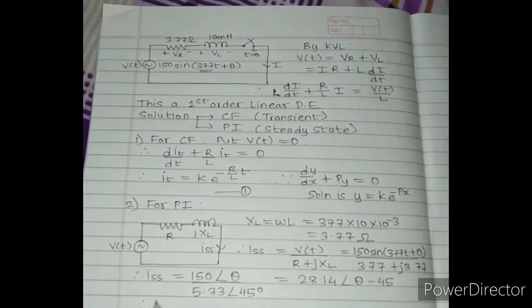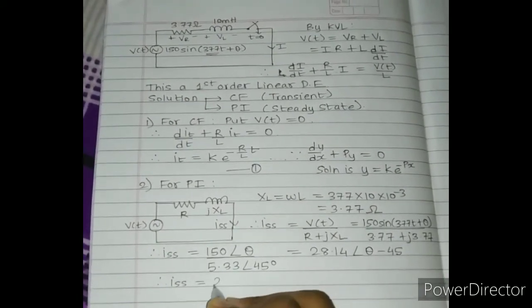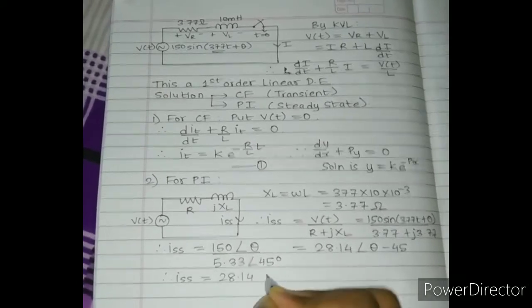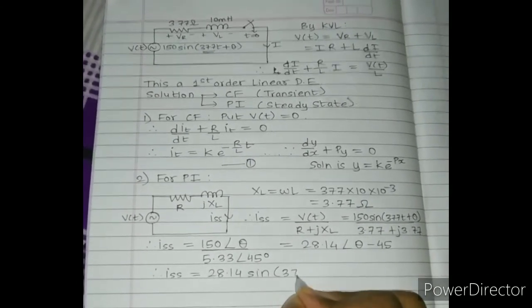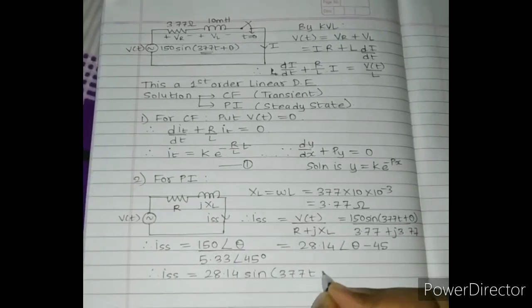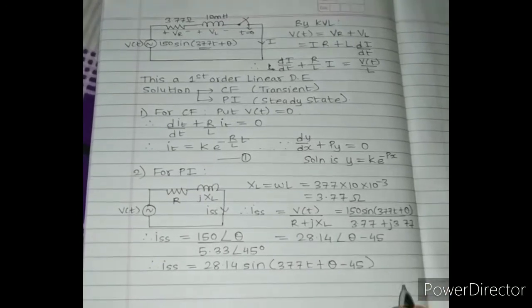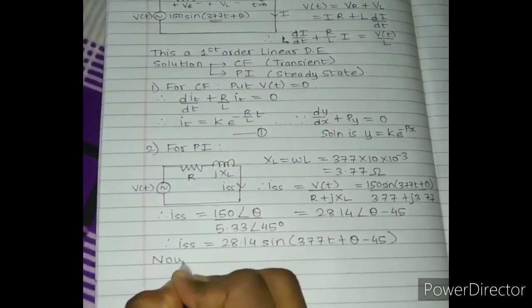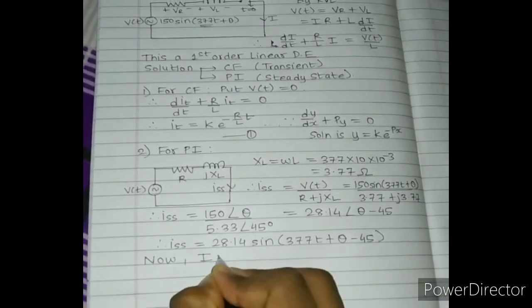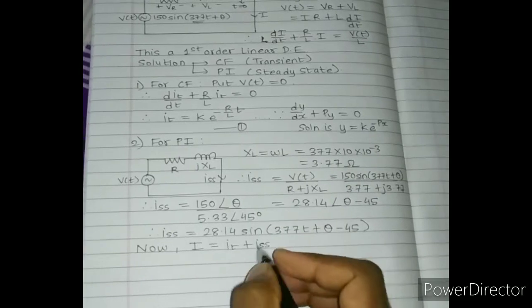This can be written as ISS is equal to 28.14 sine of (377t plus theta minus 45 degree). Therefore, the total current I is the sum of transient current plus steady state current.